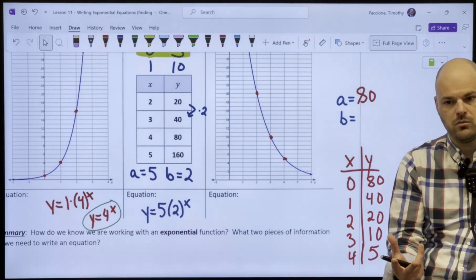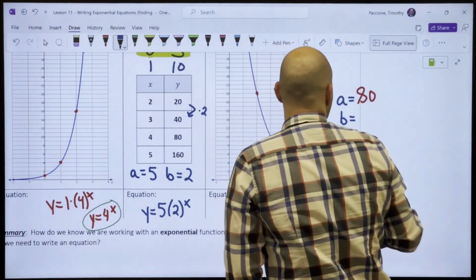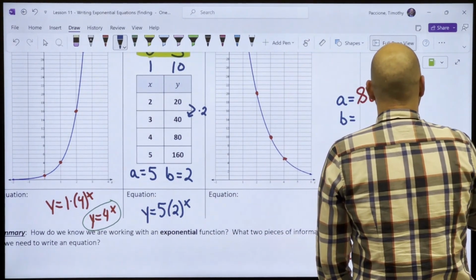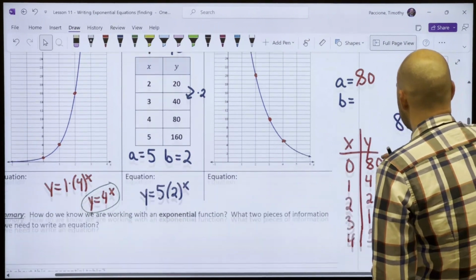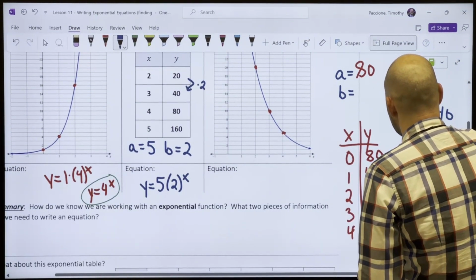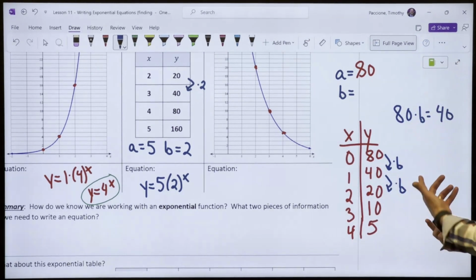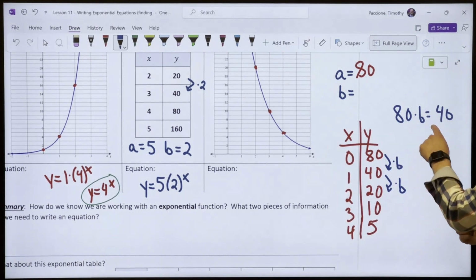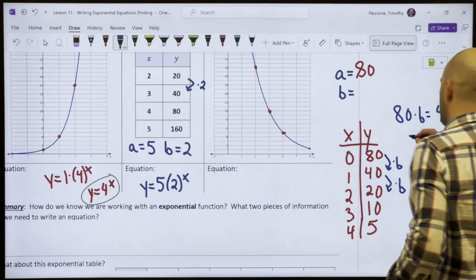Some people can't, right? So think about the question that you've asked yourself. You're saying 80 times our b equals 40, right? Because we multiply by the b every time, right? We don't know the b yet, but we know that we multiply by the b. So how would I solve for the b here? 80b divided by 80, right?